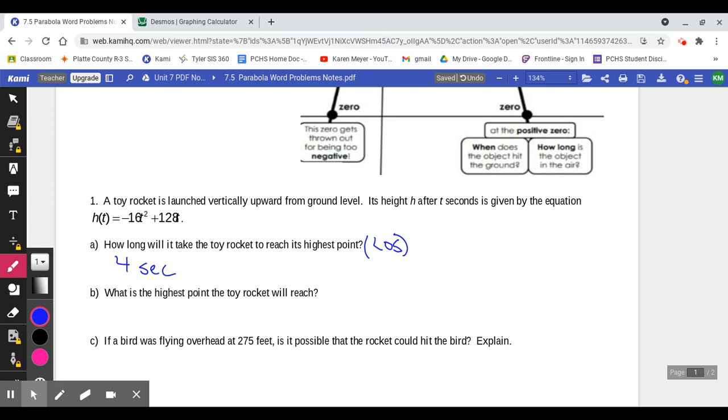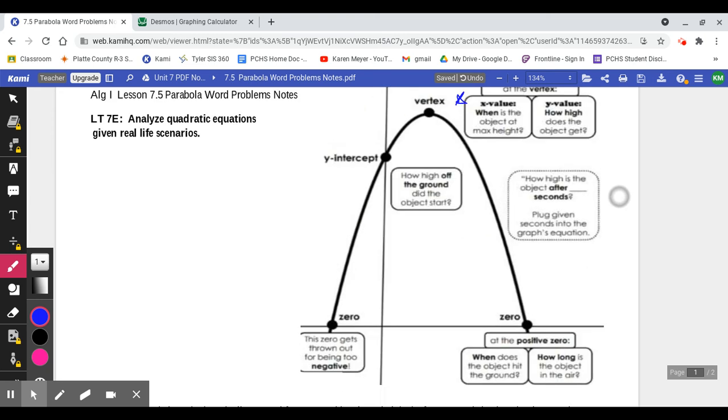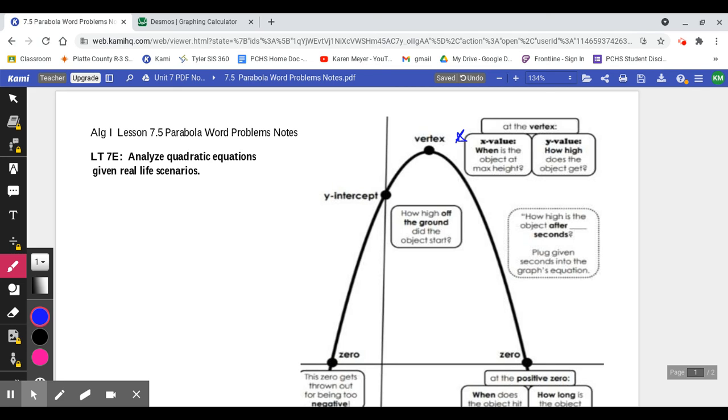Okay, the next one. What is the highest point? Okay, so if I go back to my visual, it says how high does the object go? That is the y value of the vertex.